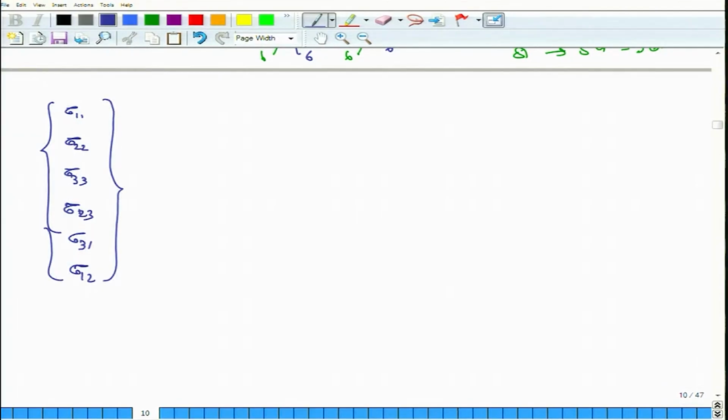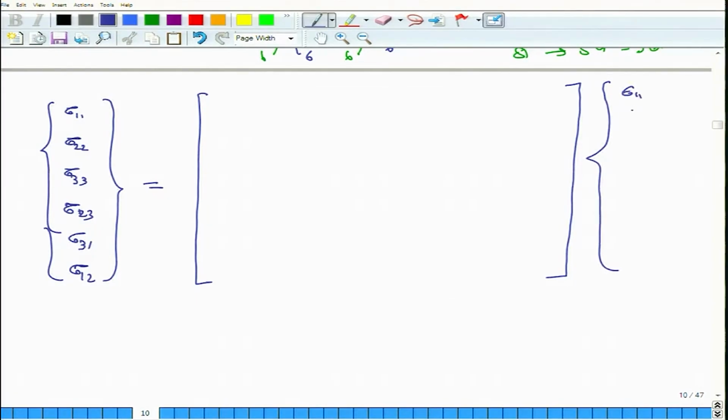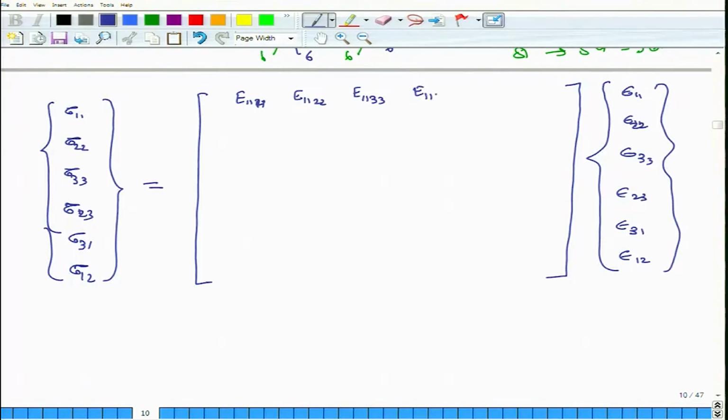These are the 6 stresses and they are connected through the stiffness matrix to the strains epsilon 11, epsilon 22, epsilon 33, epsilon 23, epsilon 31 and epsilon 12. 6 strains, and the terms are something like this: E1111, E1122, E1133, E1123, E1131, E1112, and likewise we populate this entire matrix. And these are 36 constants.